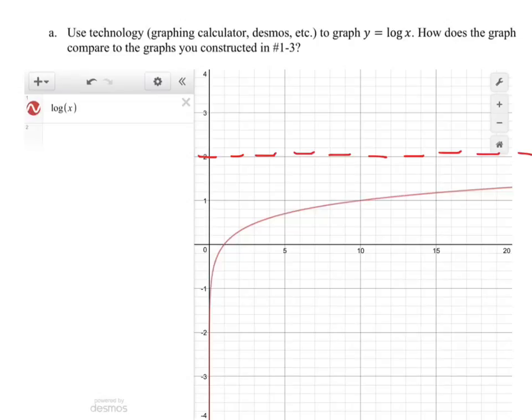So how does the graph compare? I'm just going to say that it grows a whole lot slower. So once again, the bigger the base on your logarithm gets, the slower your graph is going to grow.